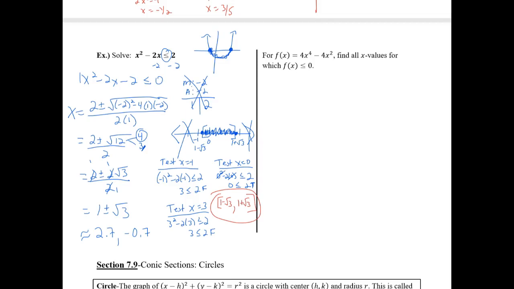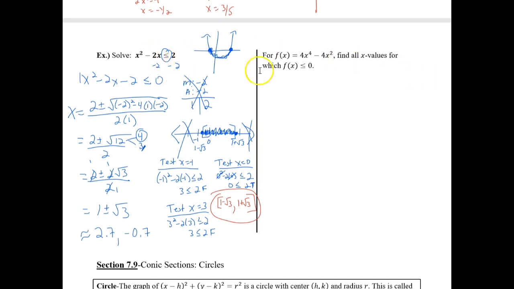In this video, since we just talked about solving polynomial inequalities, we're going to talk about solving a polynomial function in terms of an inequality. So this says for f of x equals 4x to the fourth minus 4x squared, find all x values for which f of x is less than or equal to 0.